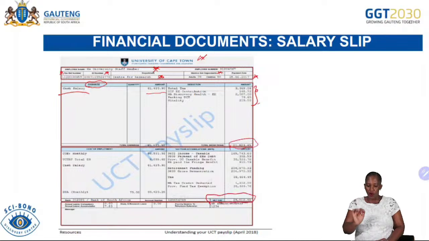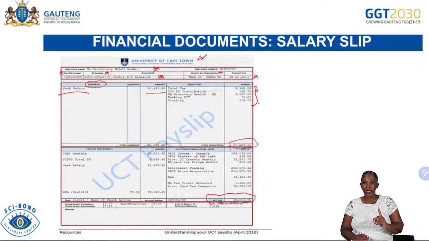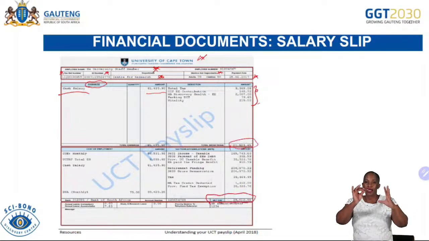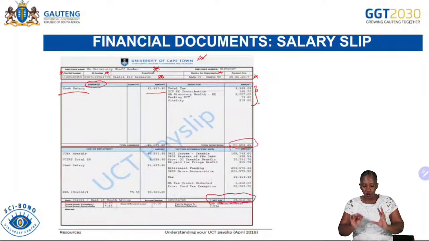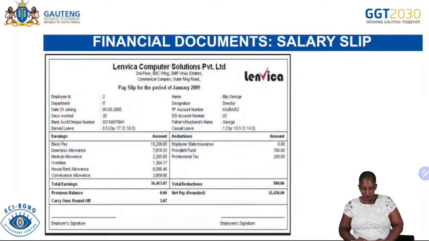Because deductions were 11,000, the net pay, the take-home amount, will be 29,612 rand 45 cents. I hope it is clear, boys and girls. Remember what I said about the salary? It is a document that shows the remunerations that are taking place in your account.